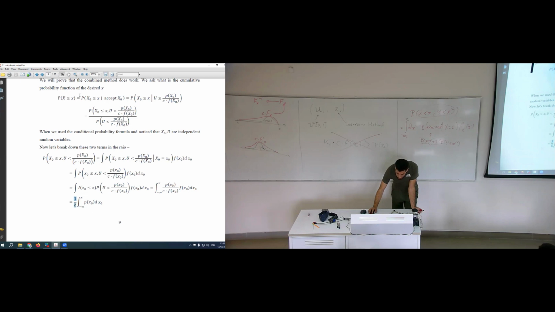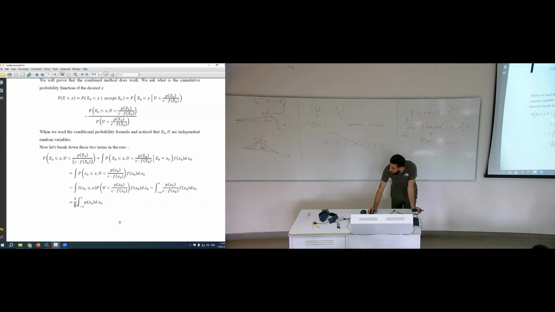Okay? And all of this is only this. Now, what's the probability of u being smaller than this, i.e. without this condition? If I don't have this condition, the integration here goes not until x, it goes to infinity. And the integration up to infinity of this is what? 1.